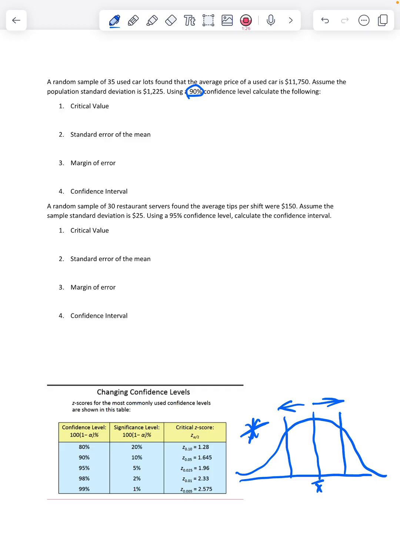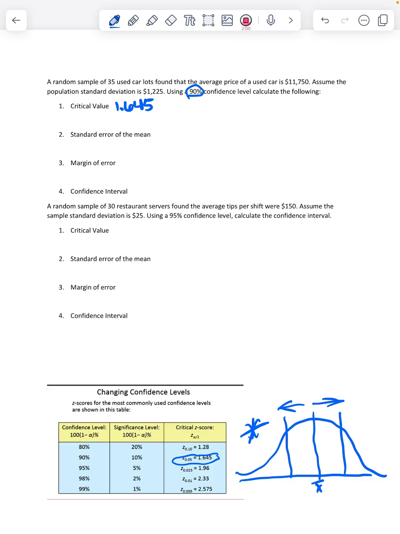The critical value is based on the critical z-score, and for a 90% confidence level, our critical value would be 1.645.